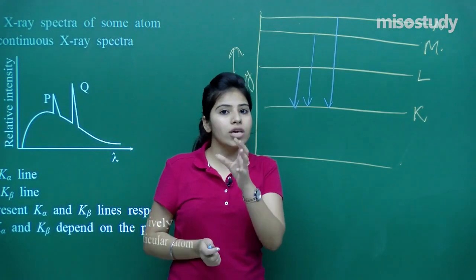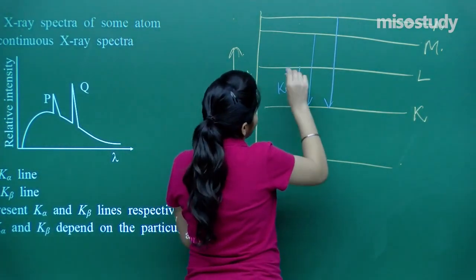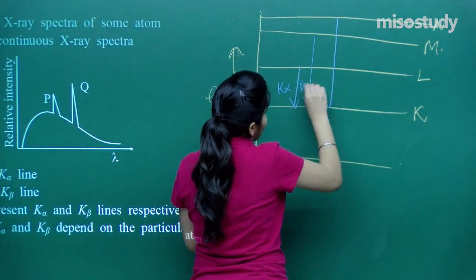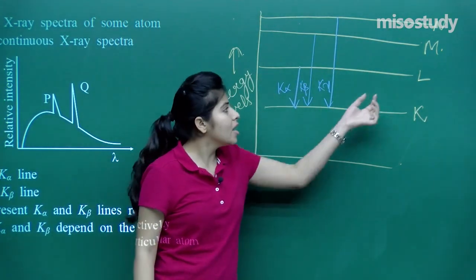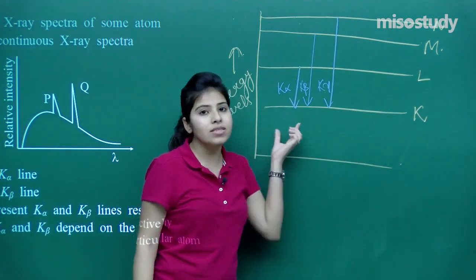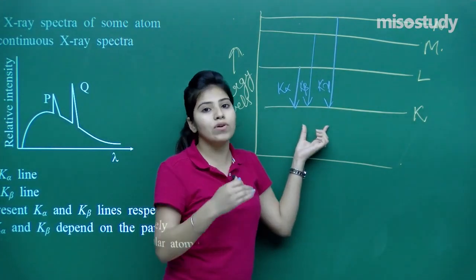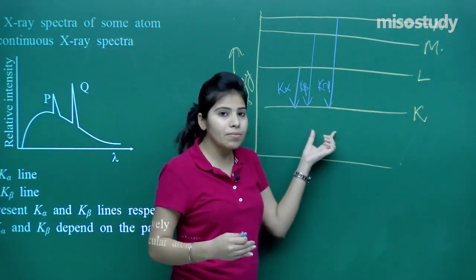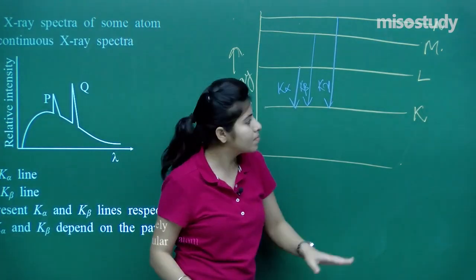Now if I am talking about alpha, beta, gamma, this will be K alpha, this will be K beta and this will be K gamma. That means if it is coming from the L shell, that will be K alpha. If it is coming from the M shell, that will be K beta, and if it is coming from the N shell, subsequently it will be K gamma, and so on.